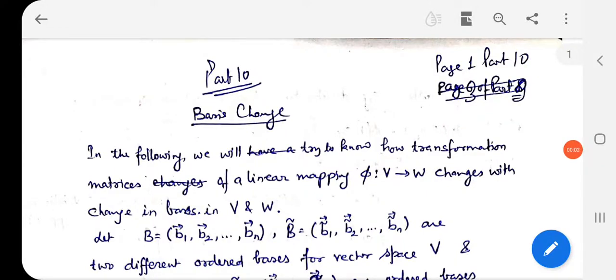In this particular part, we are going to talk about basis change. You might have gone through the last lecture or last video in which we talked about transformation matrix.